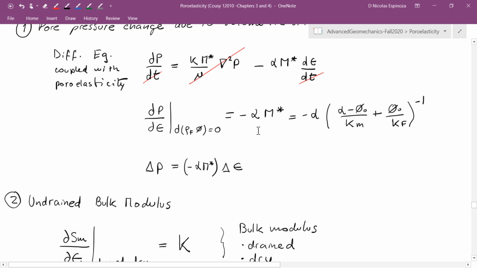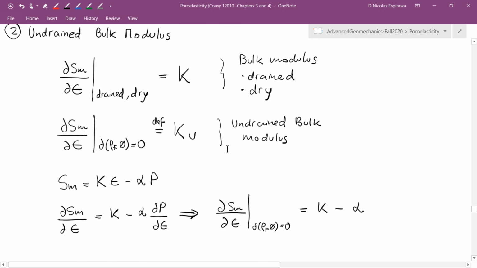So it's just going to be alpha times the Biot modulus.